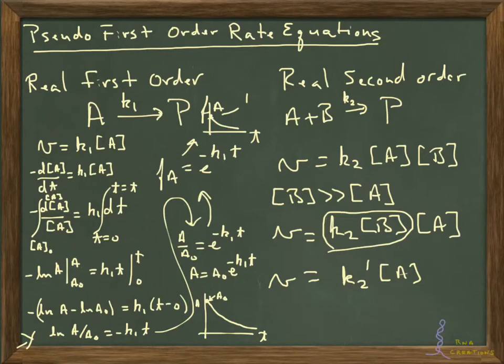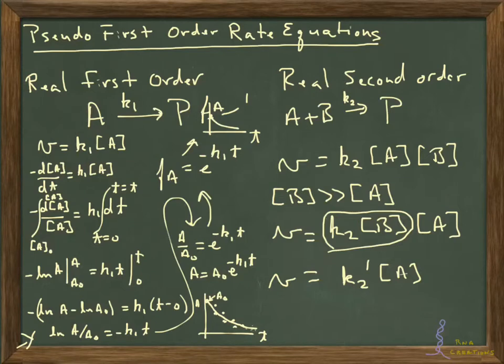Okay, and so your data, I didn't actually draw data, but you take time points, and if you're lucky, your data is scattered evenly about the line, and you fit it, and you get out your K. Okay, so that's true first order kinetics.